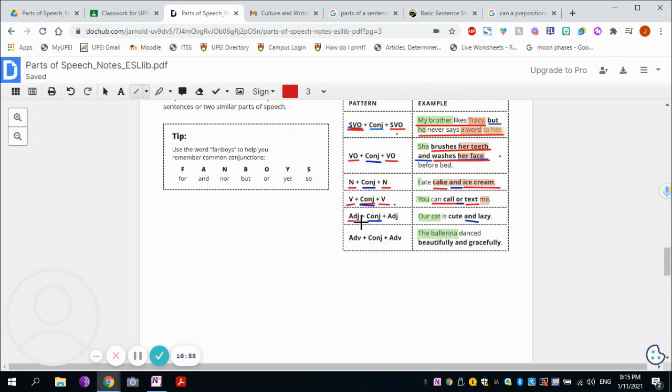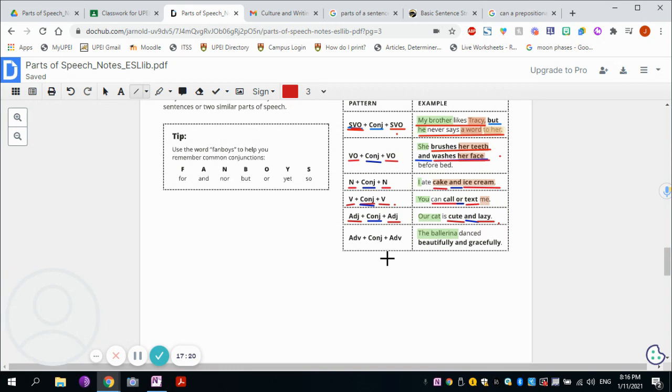Where's the adjective? Cute is our first adjective. And then after the conjunction, we have another adjective. It's lazy. So here we are describing the cat. We can have two adjectives connected by a conjunction. Our cat is cute and lazy.